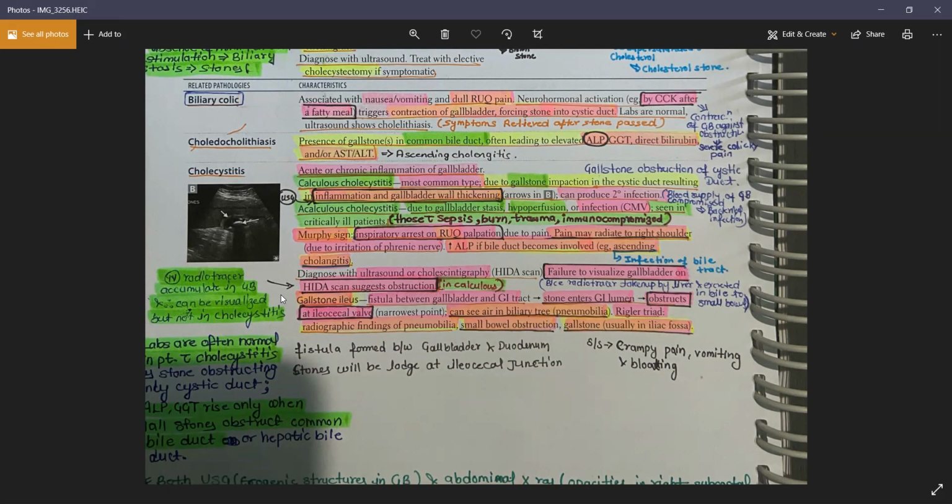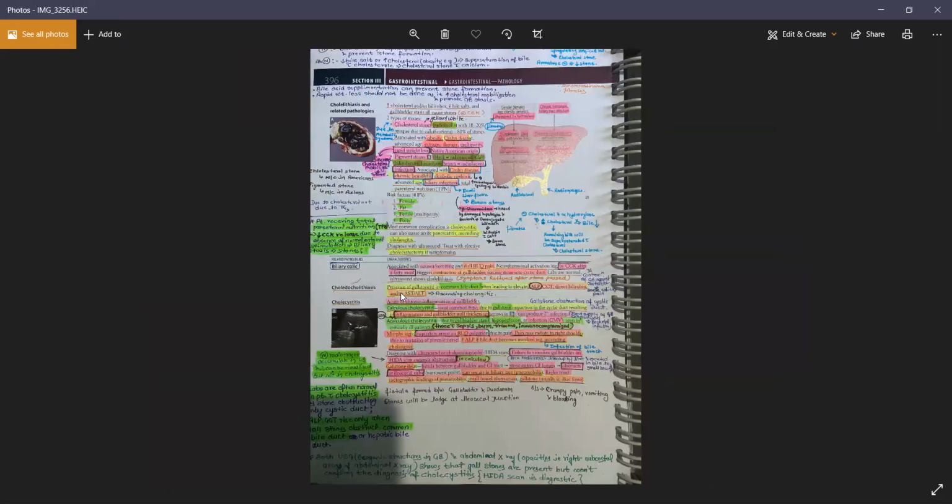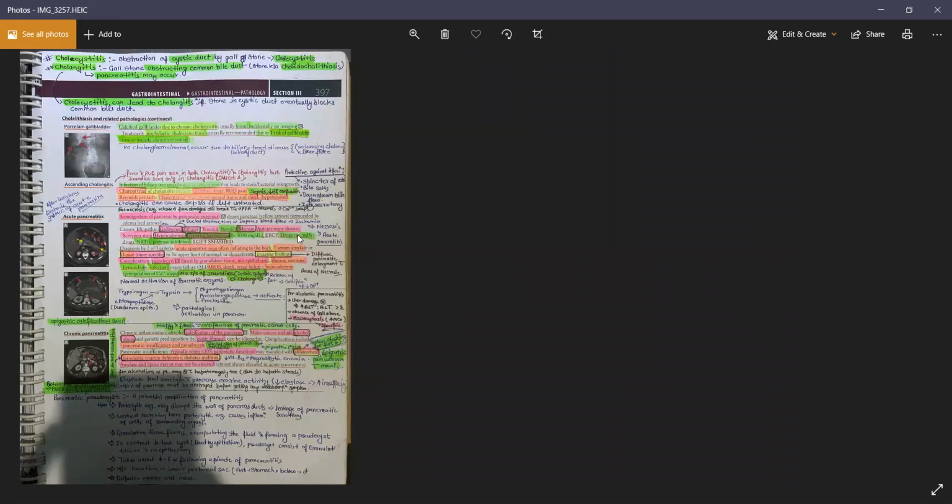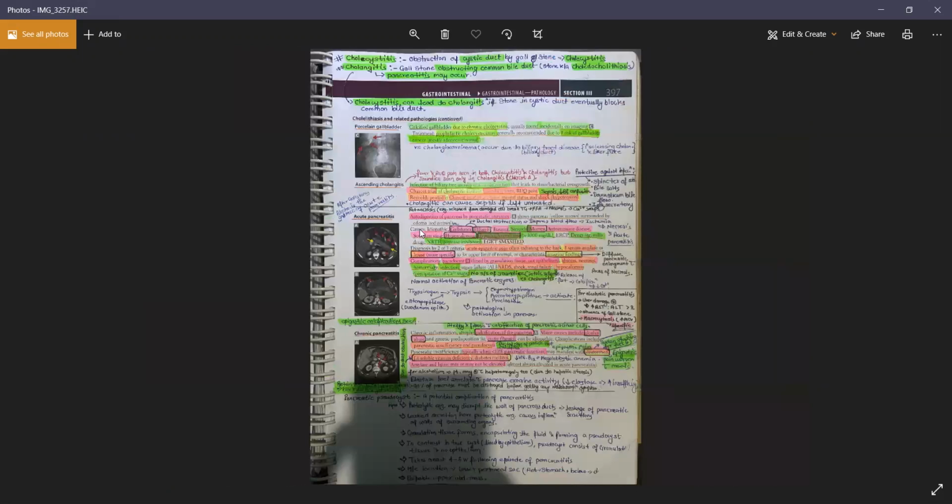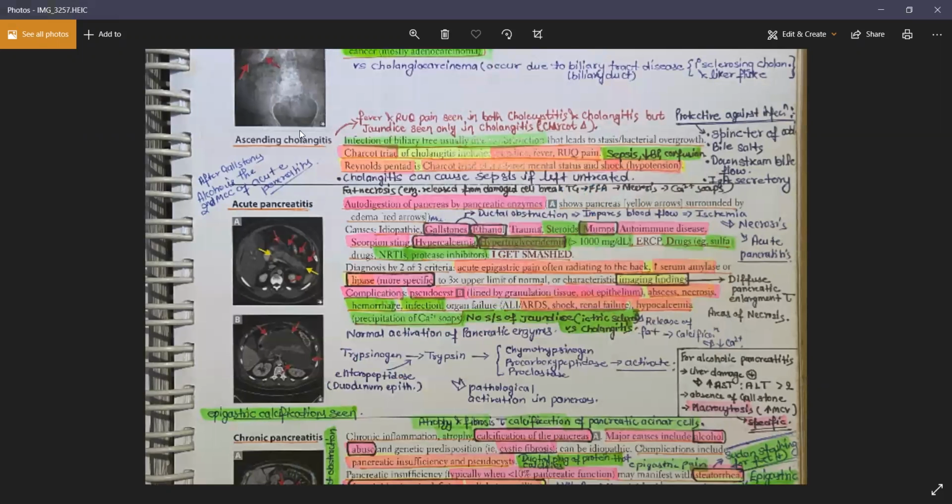When the common bile duct is involved, we call it ascending cholangitis, which is the infection of the biliary tree. The most common cause is of course obstruction. Whenever you have a stone in the common bile duct, it can cause infection, and the superimposed infection is known as ascending cholangitis.